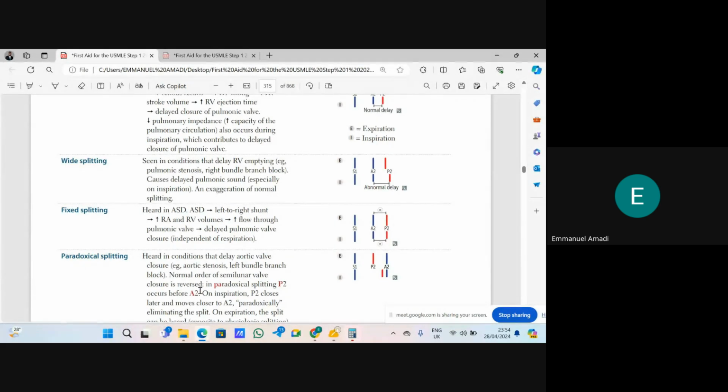What we read from FA, as we read this thing from FA, I had some friends we discussed with, so we just settled it. Whenever you see fixed splitting in MBME, it is definitely atrial septal defect, ASD. But what you need to understand is this.